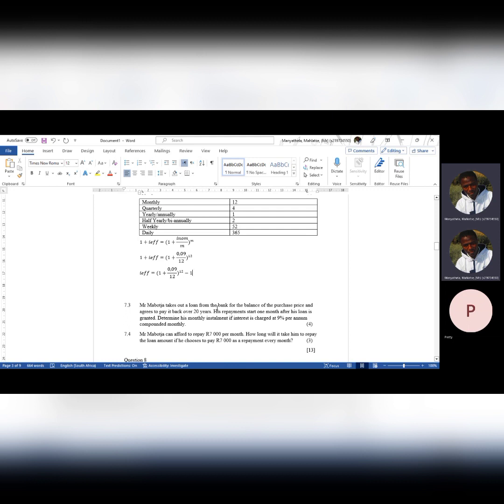You can simply work this on a calculator: 1 plus 0.09 over 12 to the exponent 12, subtract 1.